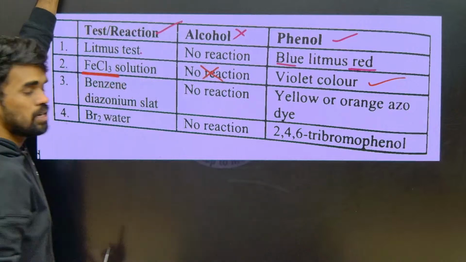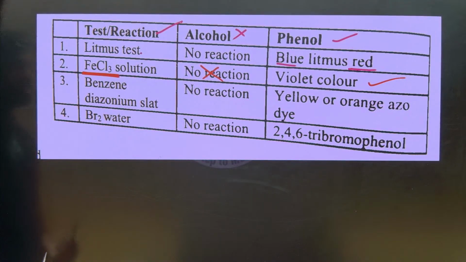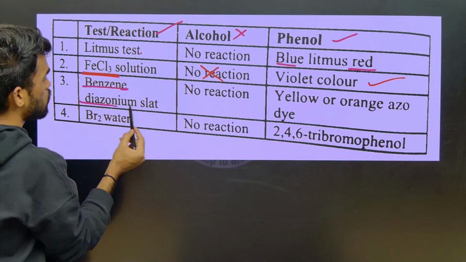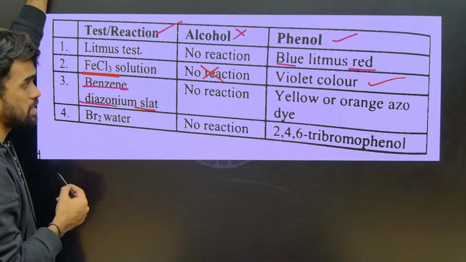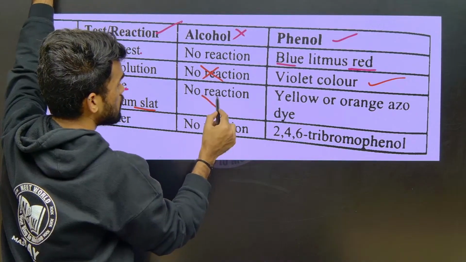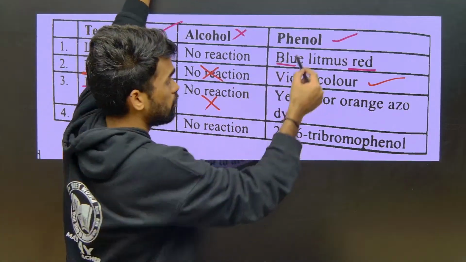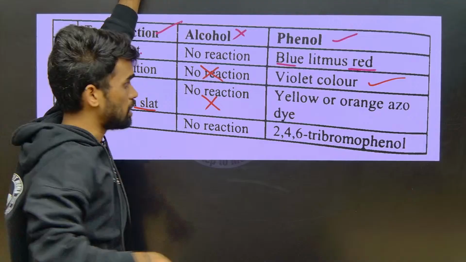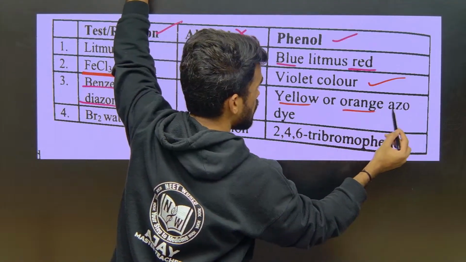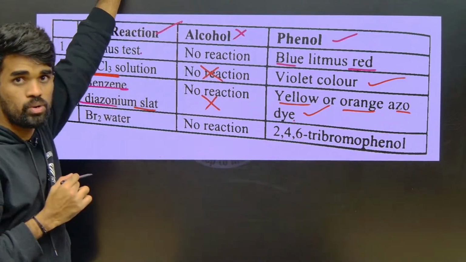Then next, benzene diazonium chloride, or benzene diazonium salts, do not react with alcohols, but they form azo dyes when we treat them with phenol. So it forms yellow or orange azo dyes. So this is how you can distinguish.